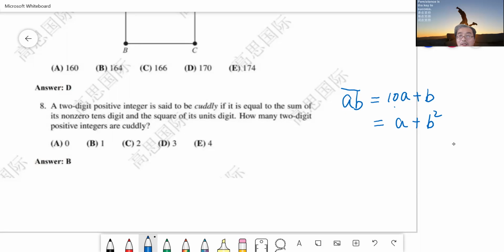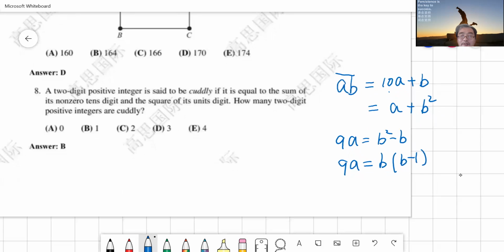This is a typical number theory Diophantine equation, right? Let's simplify. We're going to subtract A from both sides, subtract B from both sides. We're going to have 9A equals B squared minus B, right? Then we continue to factor the right side, which equals B times B minus 1.